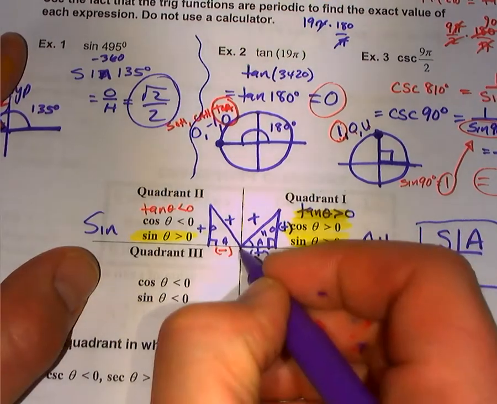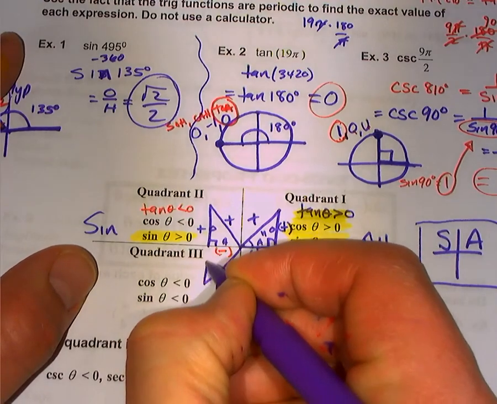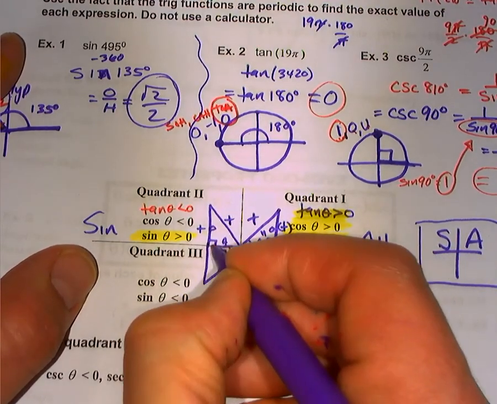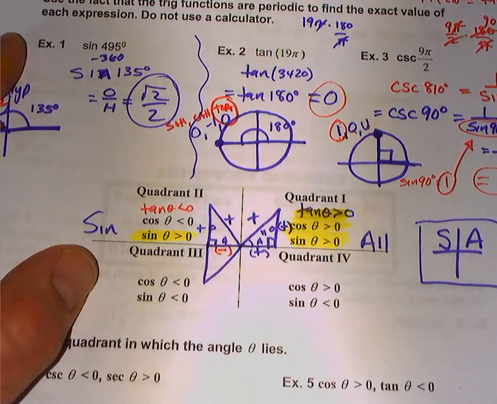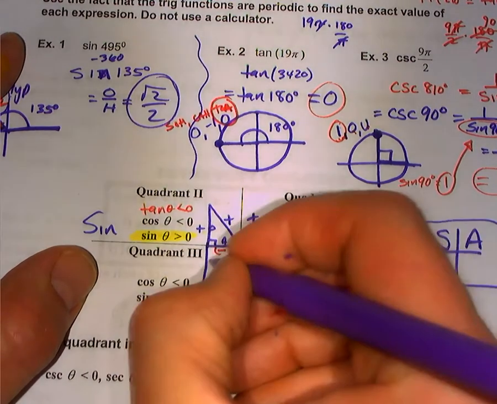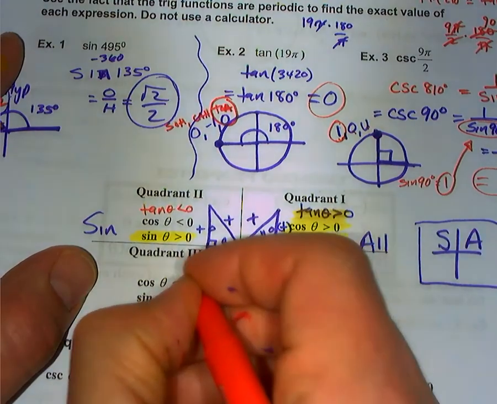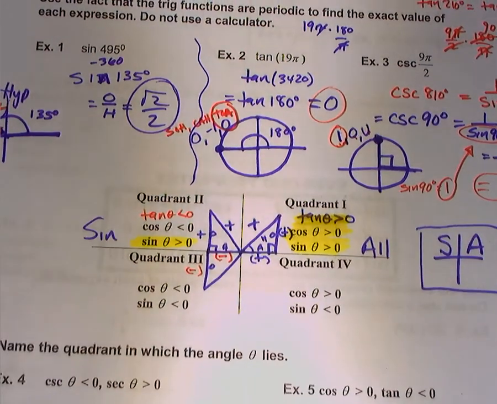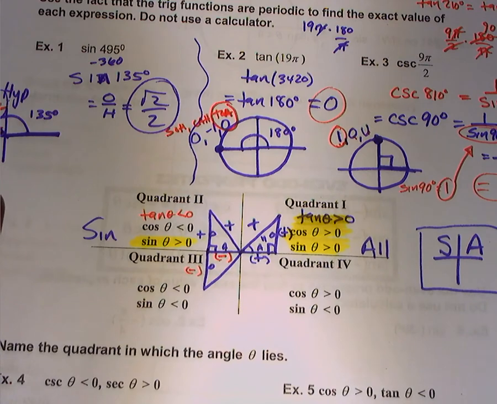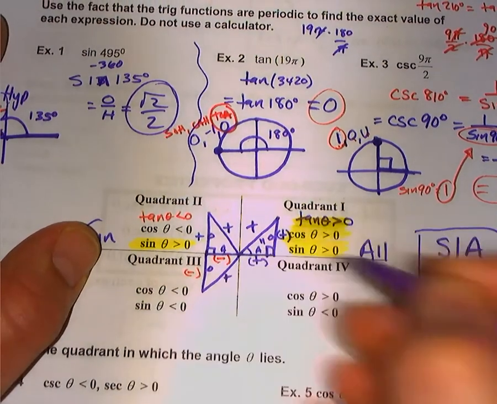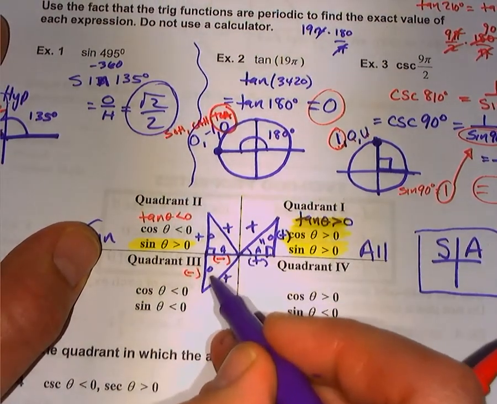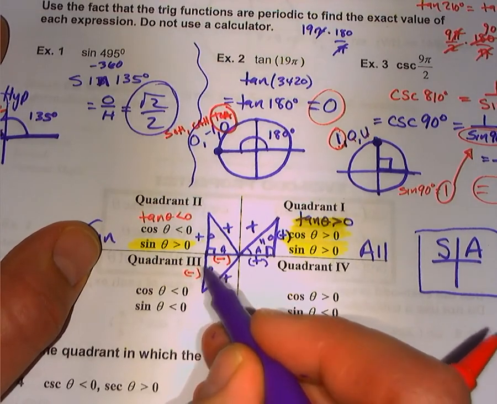All right, quadrant number 3, here we go. The adjacent leg is left, and what happens with the opposite leg? That guy's going down, it's negative. The hypotenuse is always positive, but O and A are both negative. So what happens when you do O over A?